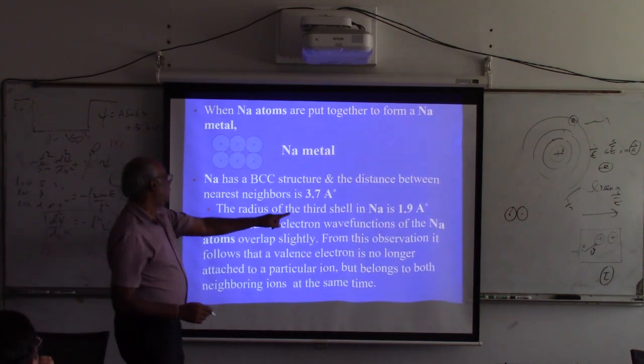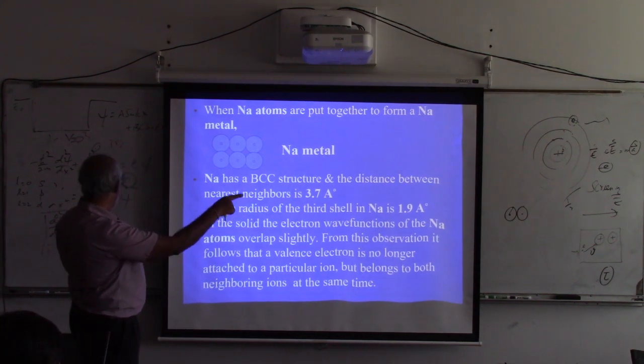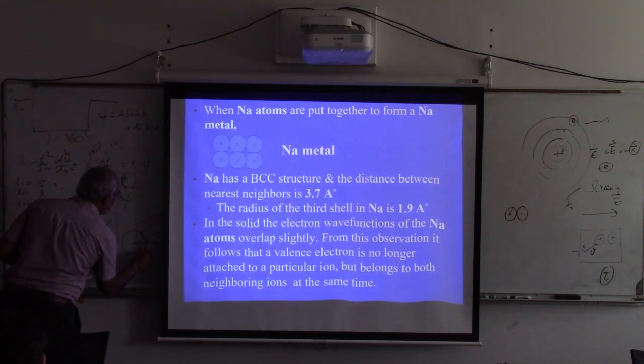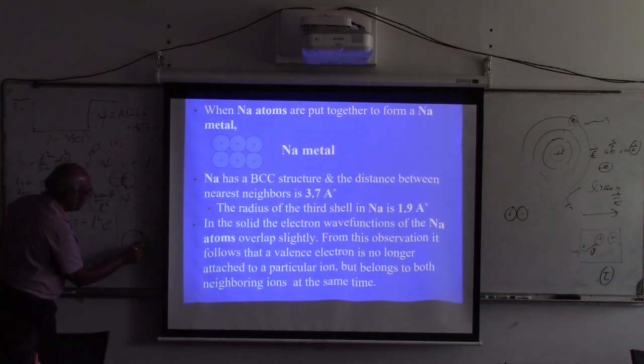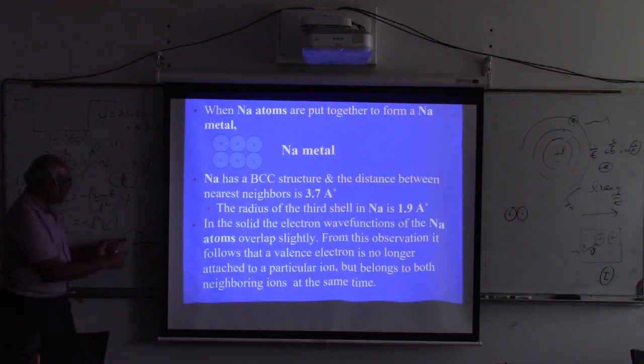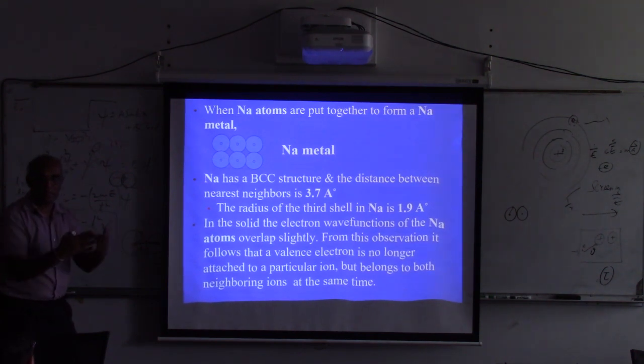1.9 is the radius of the third shell. So if you take double that, it is 3.8. You should expect 3.8, because this is 1.9 and this is 1.9, but if you measure that distance it is only 3.7, which means they kind of overlap.